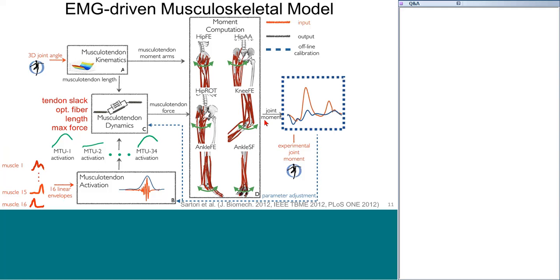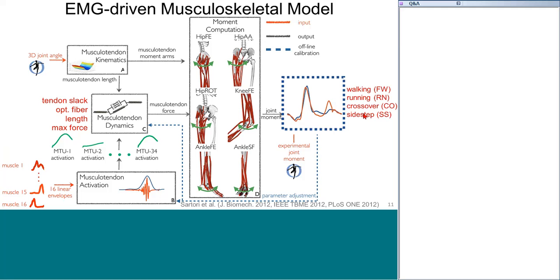And in this step, we now have a third input, which are the experimental joint moments. And the idea is to continuously adjust the model's parameters until we can minimize the mismatch between predicted and experimental joint moments. And we do this over a variety of motor tasks, including forward walking, running, crossover, and sidestepping.